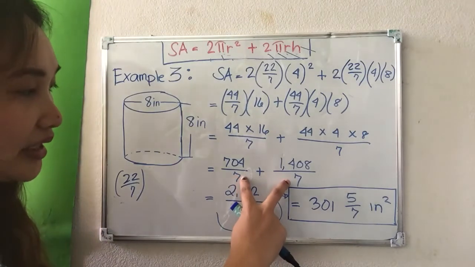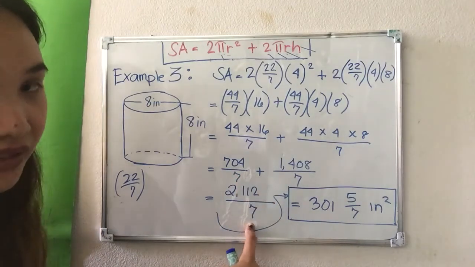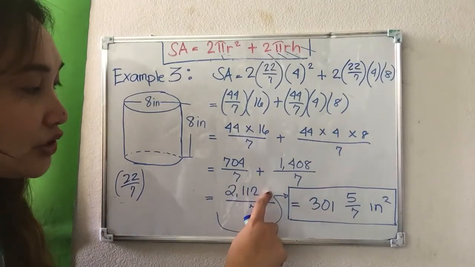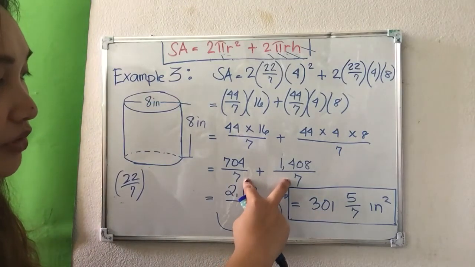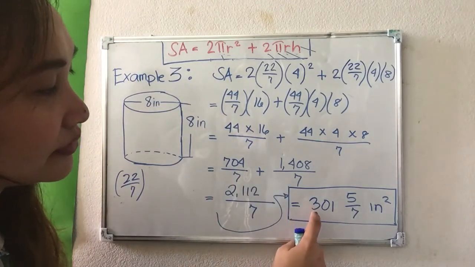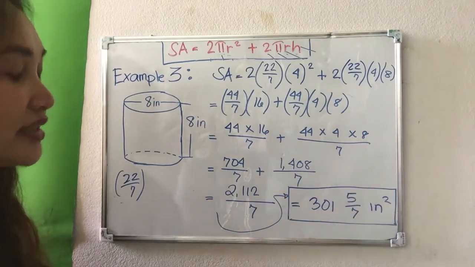Since they have the same denominator, just copy that one. You can add the numerators directly because we have the same denominator, basic fraction. This is our surface area.